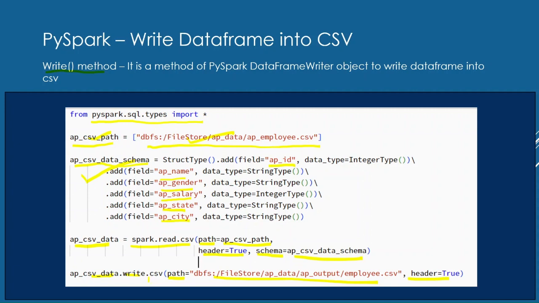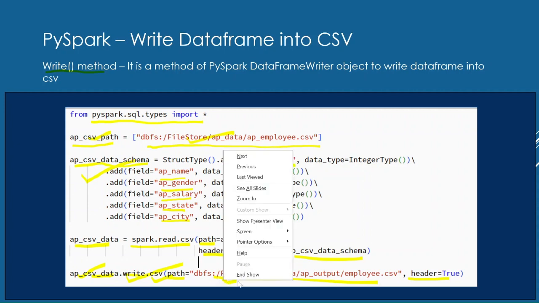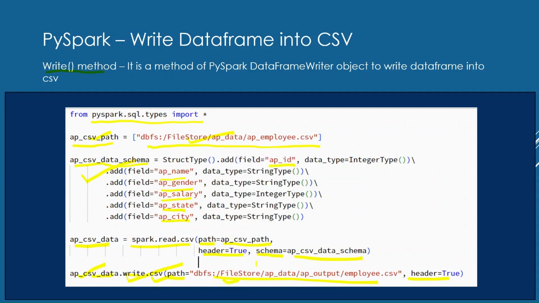What does it mean? This line of code is writing this data frame as a CSV file. The address of the CSV file is this one, and it is also saying that the CSV file which we are creating out of the data frame has a header.